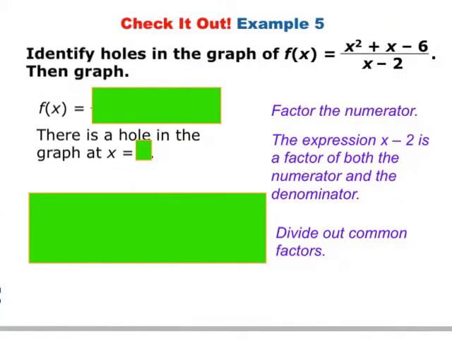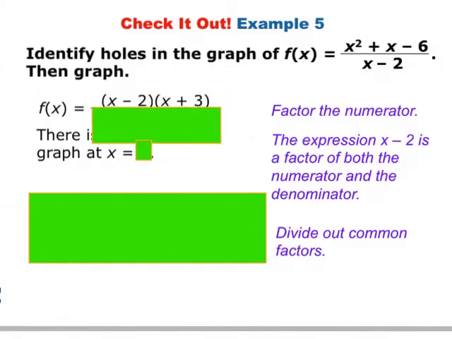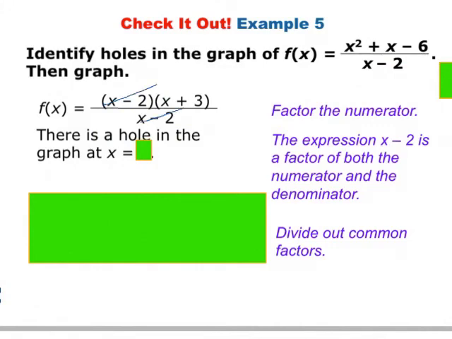Okay, let's identify some holes in this graph. First of all, we take the numerator and the denominator. We're going to factor the numerator. When you factor the numerator, you can see it's going to be x minus 2, x plus 3, over x minus 2. Now, when you look at that, notice what happens. This divides out with this.